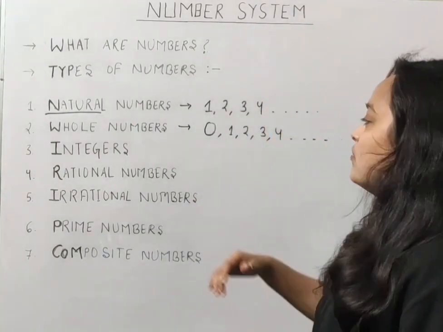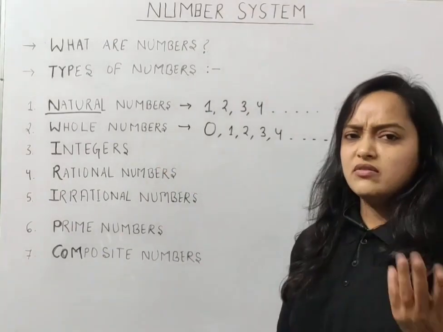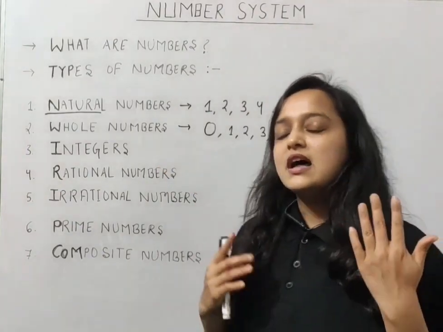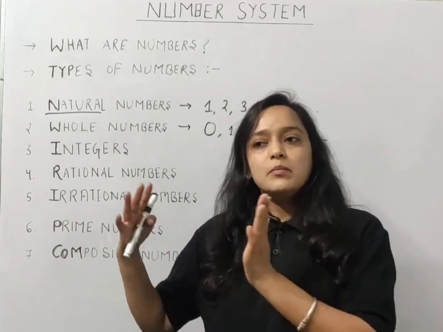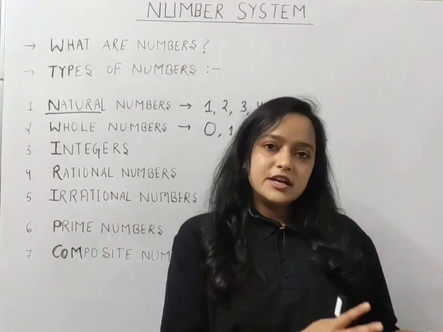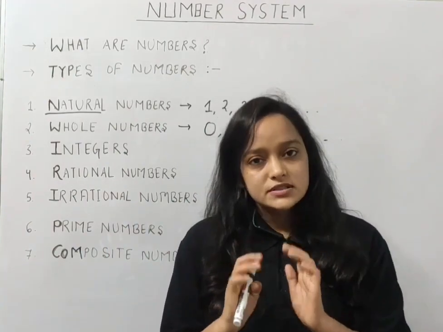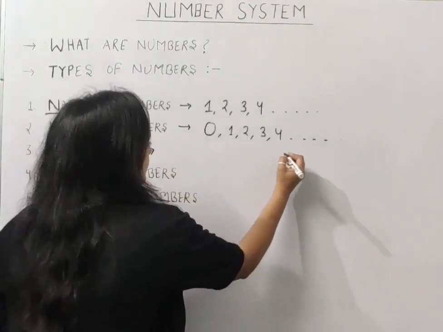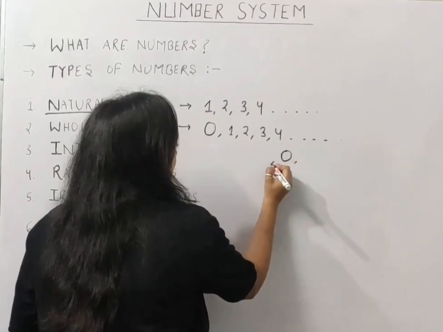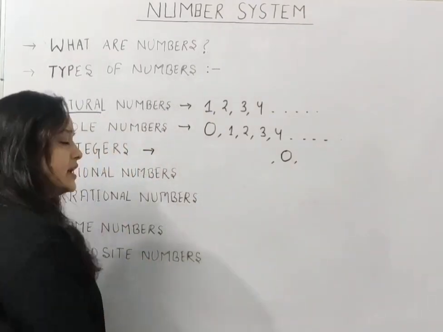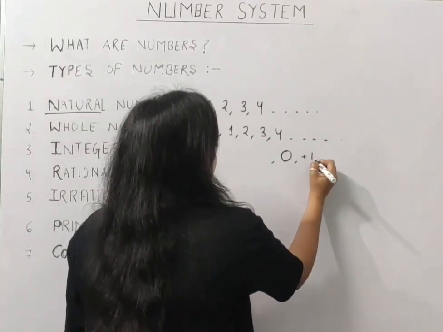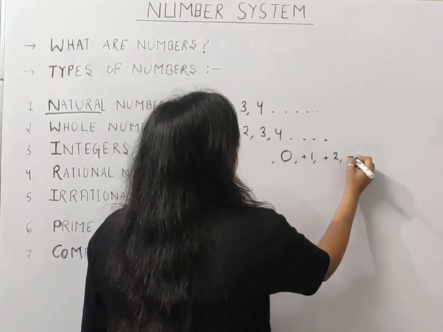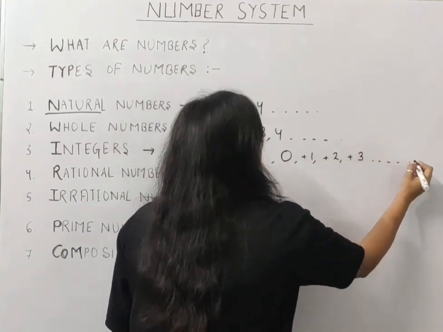Right. Now, what are integers? Integers are the numbers which include the positive values and the negative values of numbers, including 0. So we can write it as: these are numbers which include positive values like +1, +2, +3 and so on.